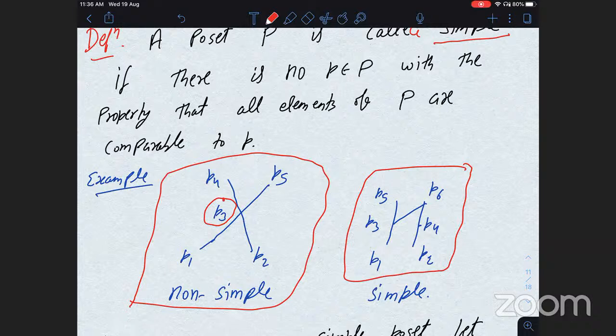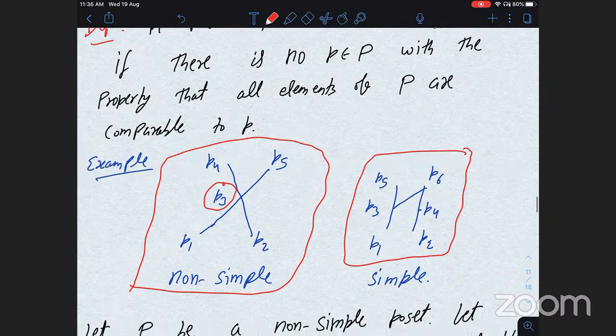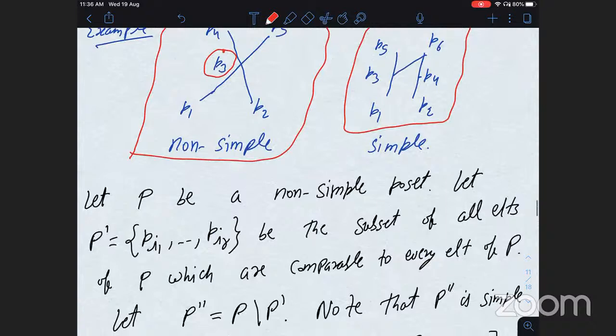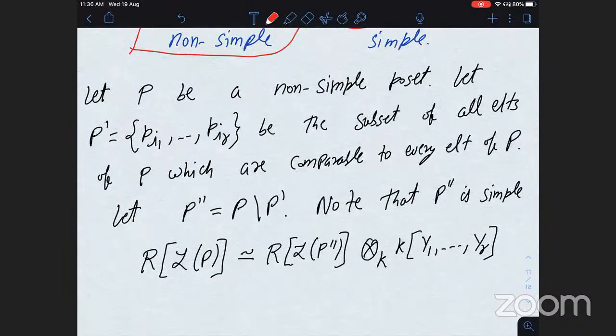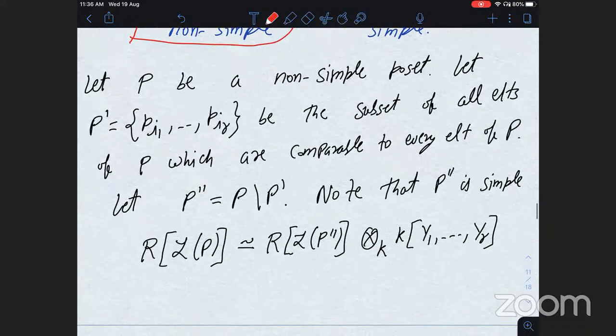So in this particular observation, let P be a non-simple poset. That means there are some elements in P that are comparable to every element of the poset.